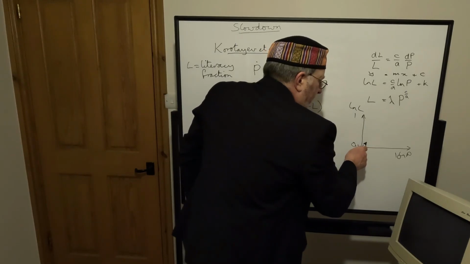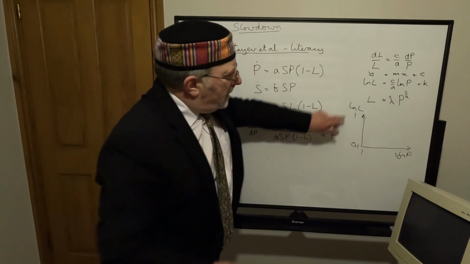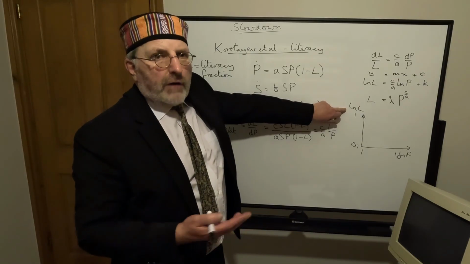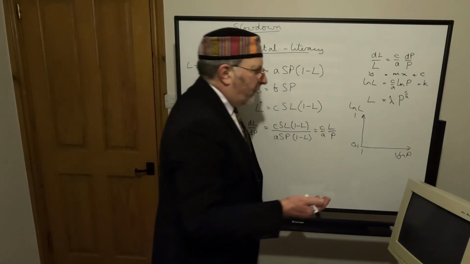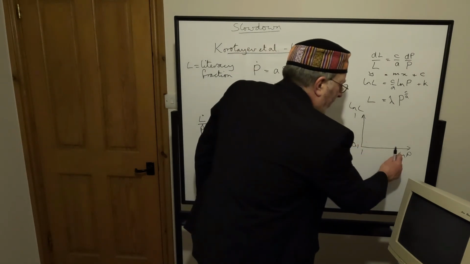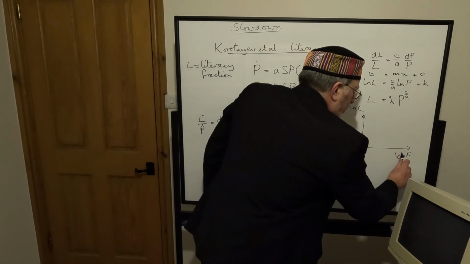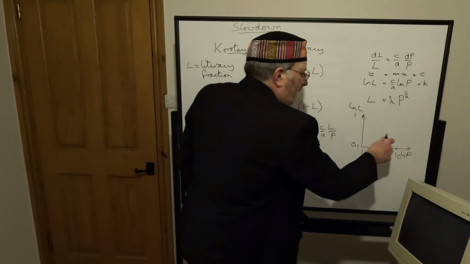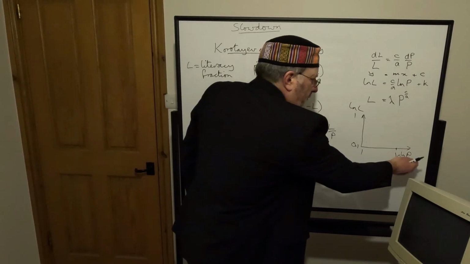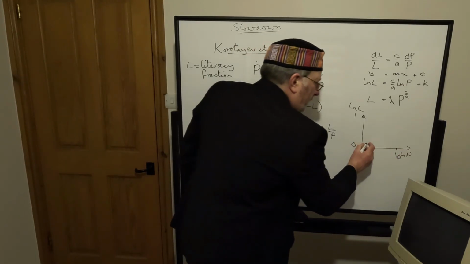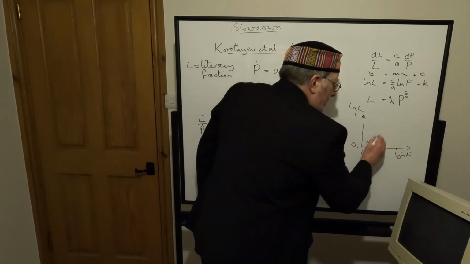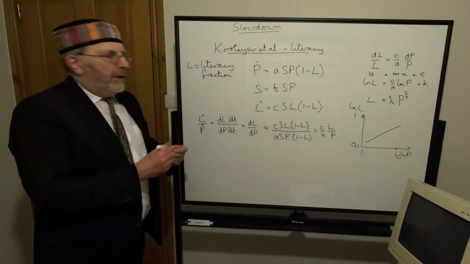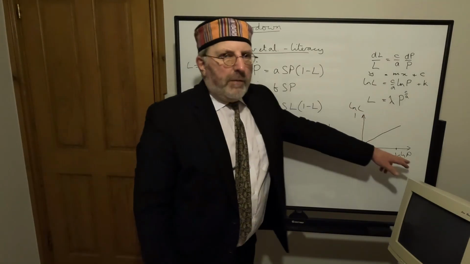And what they find, because they can get data on the literacy, calculations of literacy over time, people have prepared such data series, and of course we have the population, as we've used that a lot, is indeed there is a straight line relationship on a log-log plot of literacy against population.